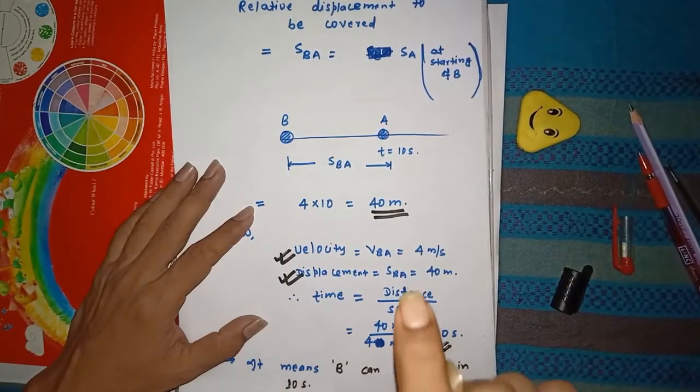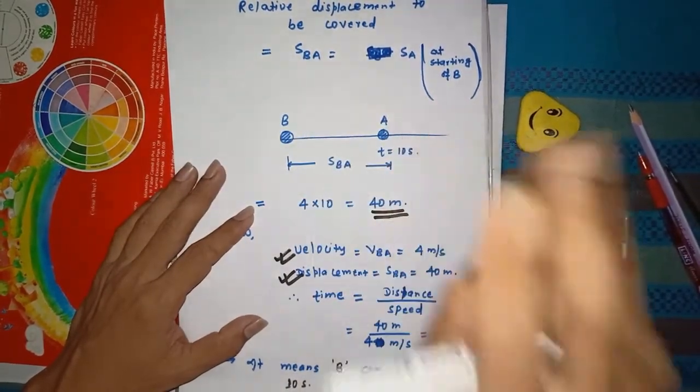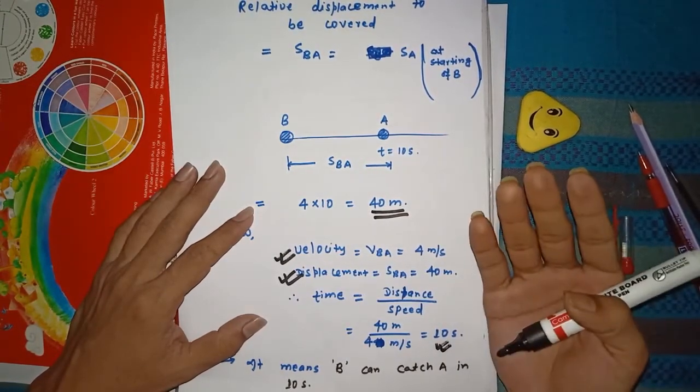B catches A 10 seconds after B starts moving, which means A has been in motion for 20 seconds. Have you got my point?